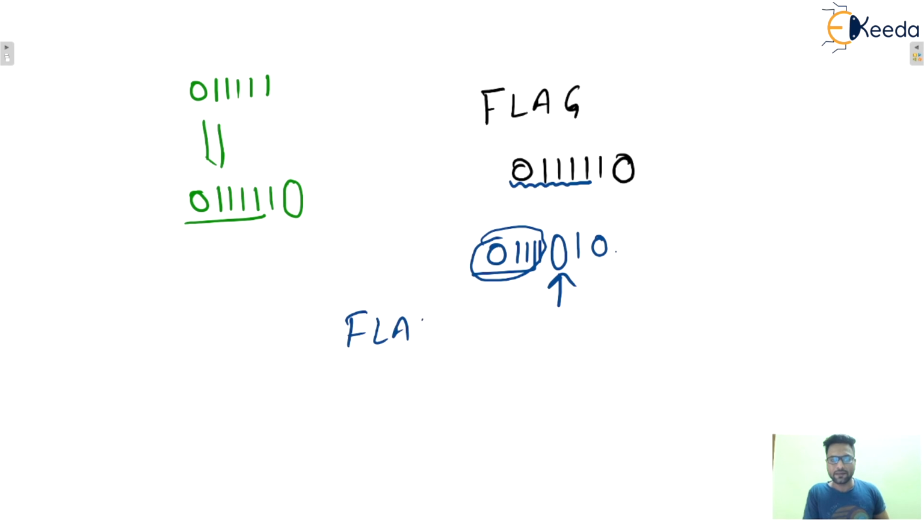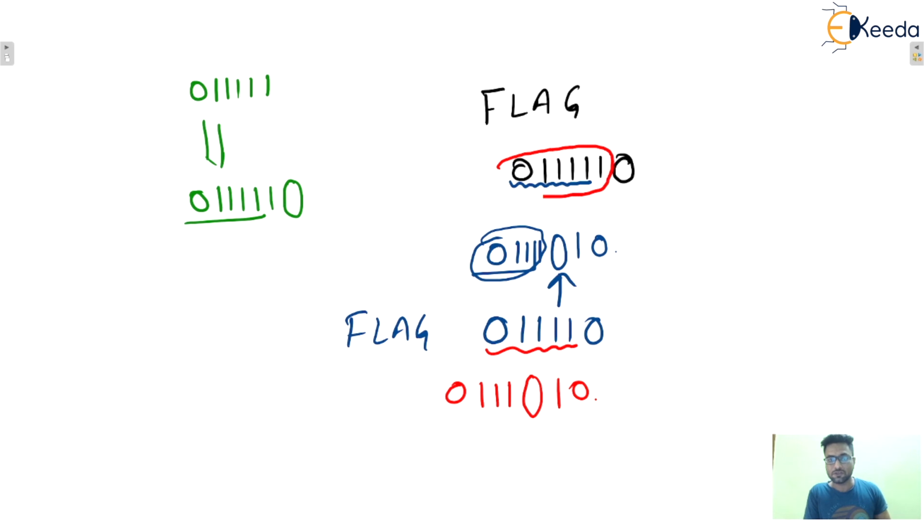Let's say the flag is 0 1 1 1 1 0, then 0 followed by 4 ones are there. So whenever 0 followed by 3 ones appears, after that a 0 will be stuffed. So in the flag, if 0 followed by 5 consecutive ones is there, then after 0 followed by 4 consecutive ones, a 0 will be stuffed. If the flag contains 0 followed by 4 ones, then after 0 followed by 3 ones, one bit will be stuffed, and so on.